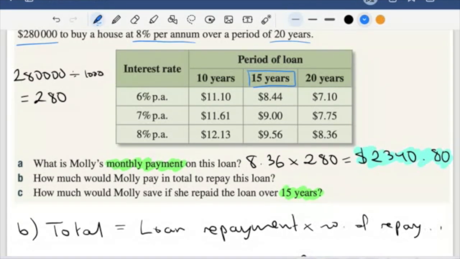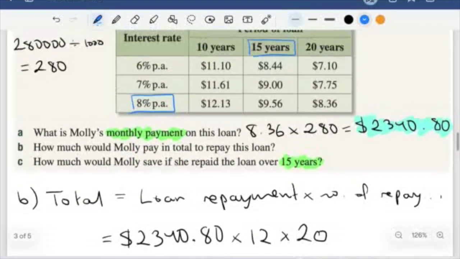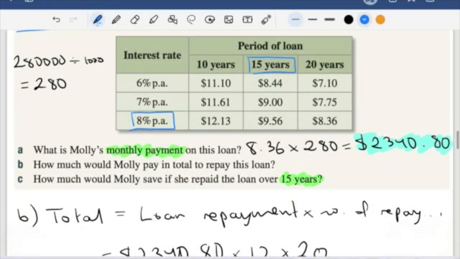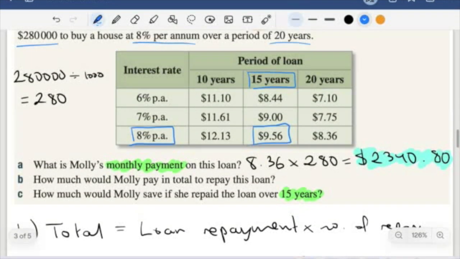It doesn't mention anything about a different interest rate, so we're just going to assume that the interest rate is the same. Remember, the question should explicitly tell you if the interest rate changes. Right now, all we're changing is the period of the loan. The interest stays the same. And we see that this means that it is a $9.56 monthly payment for every $1,000 on this loan.